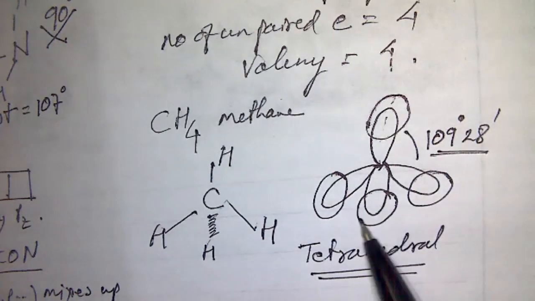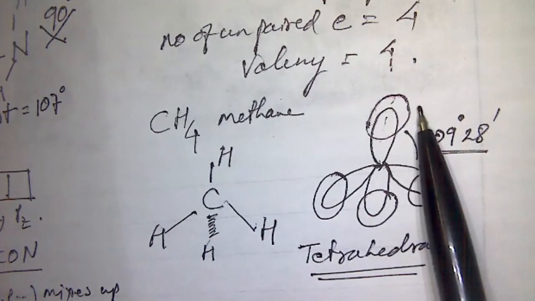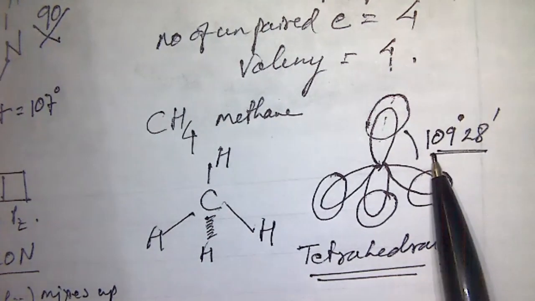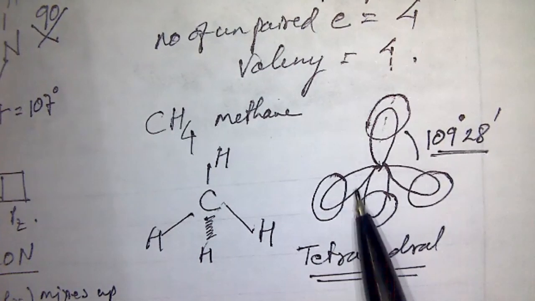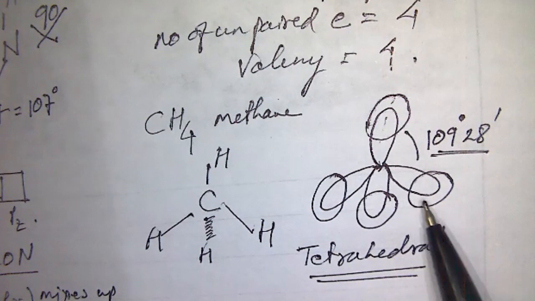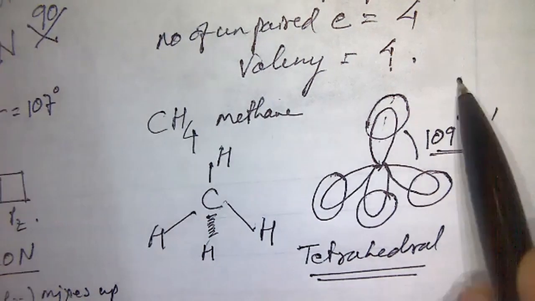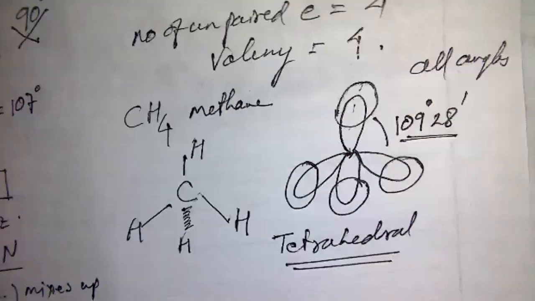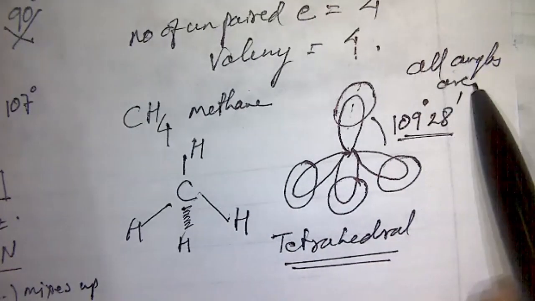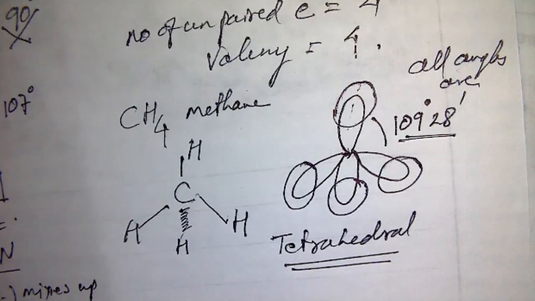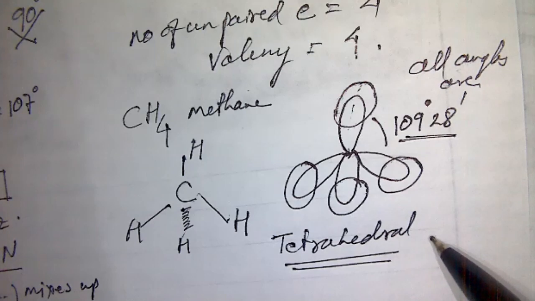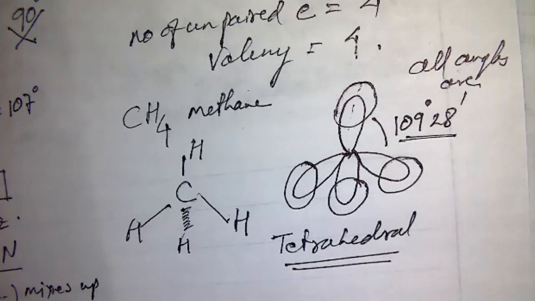They are overlapping with hydrogen. This angle, remember it is a 3-dimensional structure. The angles, all the angles, whether I take this angle, this angle, this angle, or this angle, whichever angle, all angles are 109 degree 28 minutes. These are tetrahedral in shape. So these all points you have to know.